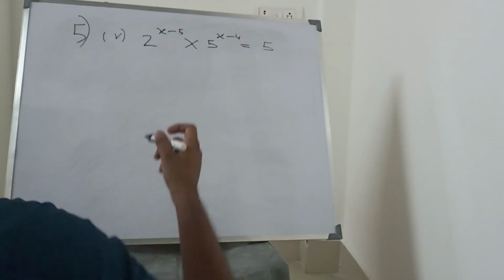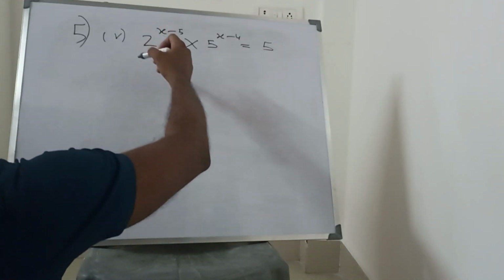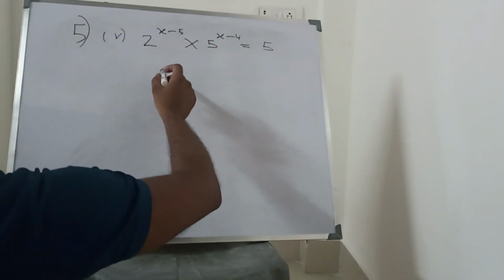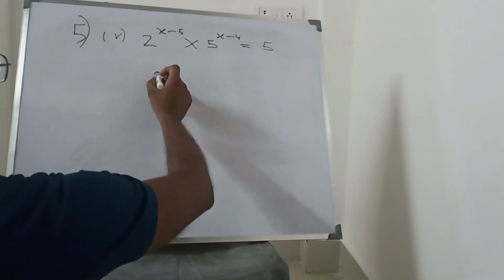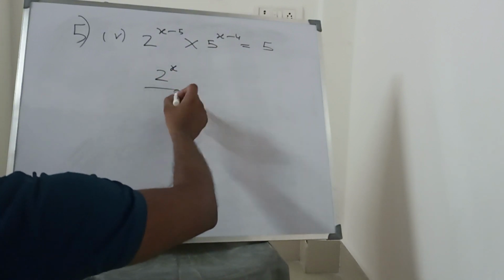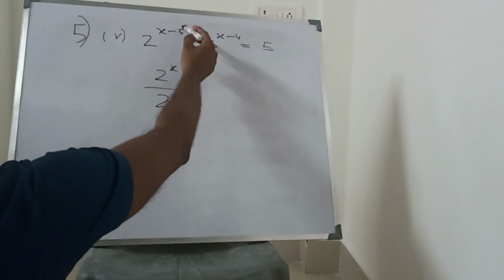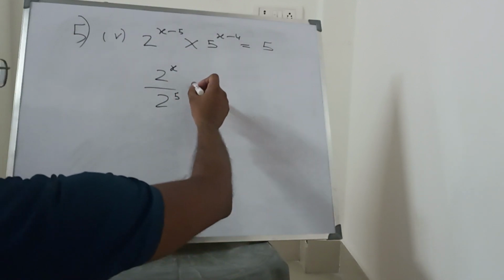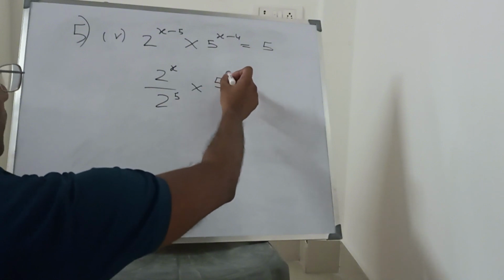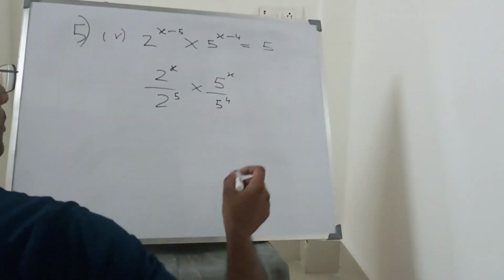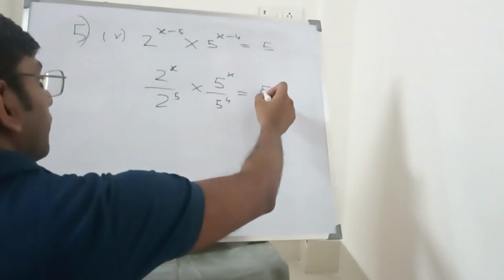In this case, there is no 2 over here to compare it. So what we will do is, we will try to do it in this way, that 2 to the power x divided by 2 to the power 5, this 5, if I bring it in the denominator, it will be plus 5. So again 5 to the power x divided by 5 to the power 4 equals 5.